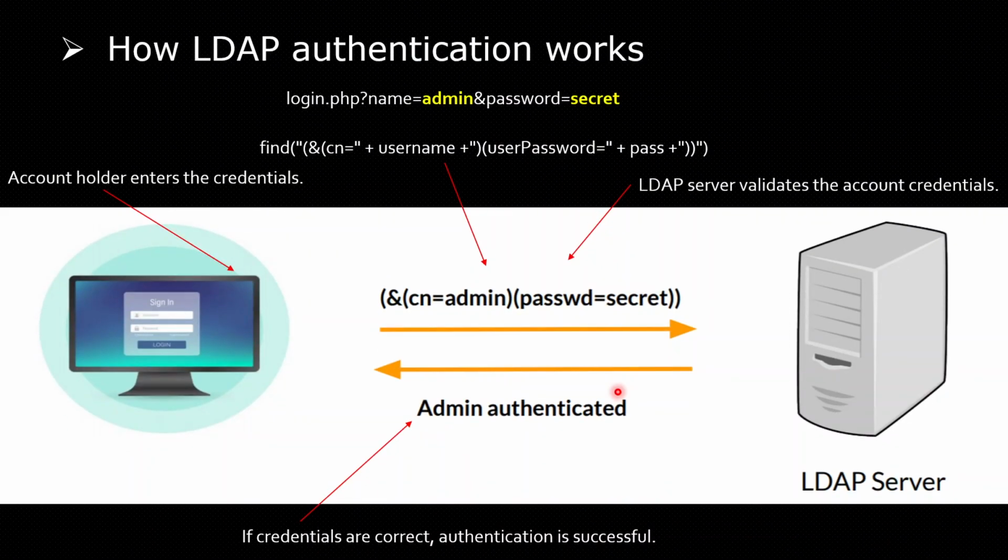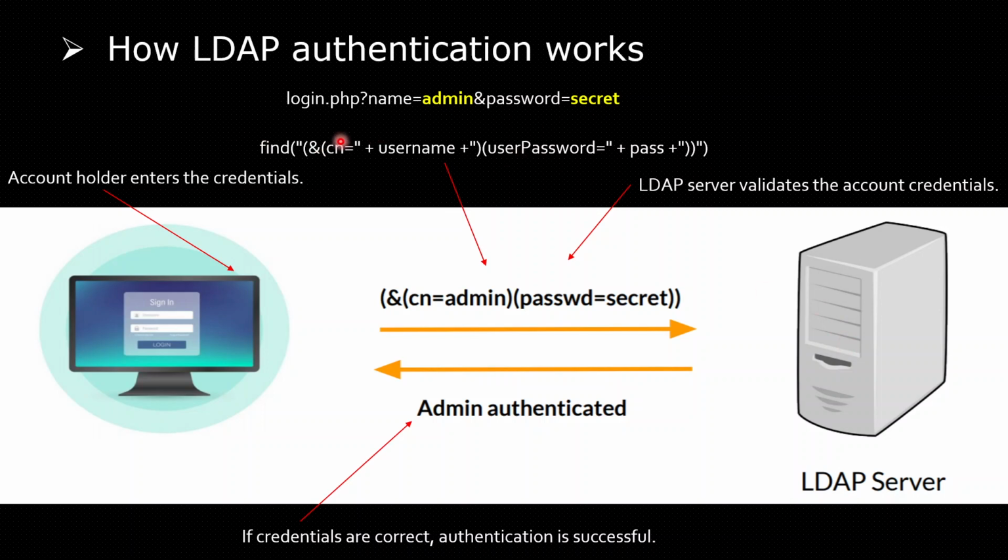But before that, this is how the process works. So this is the query. Once you type your username and password in a web application, it goes to an application server. The application server sends the information to the LDAP server, and there will be a filter for it.